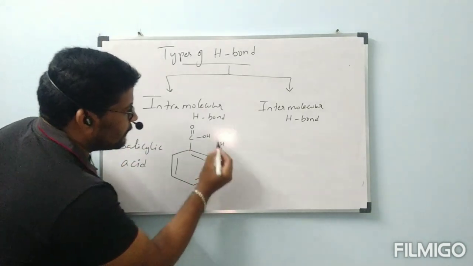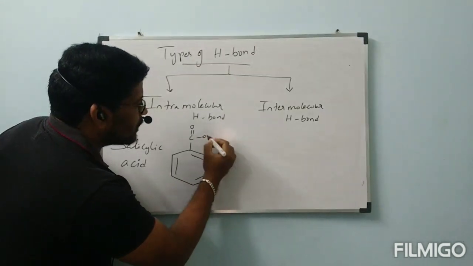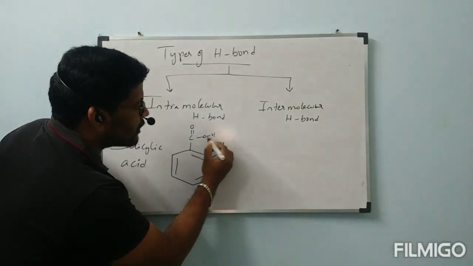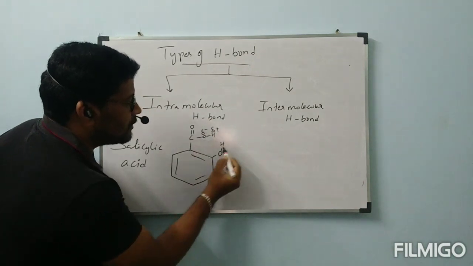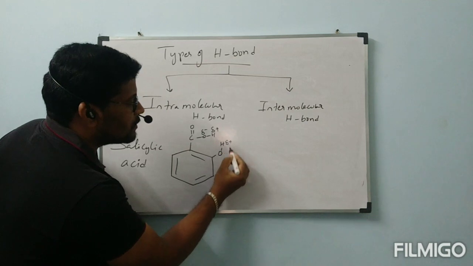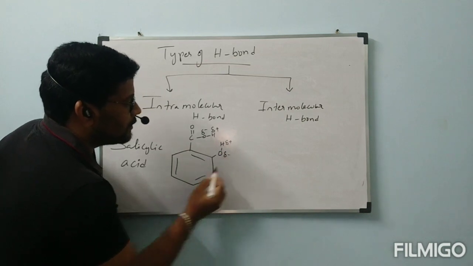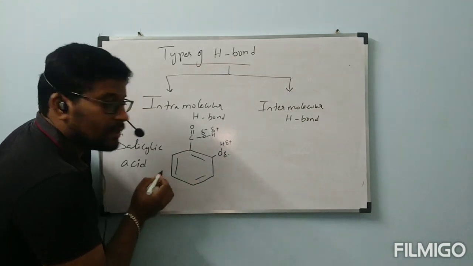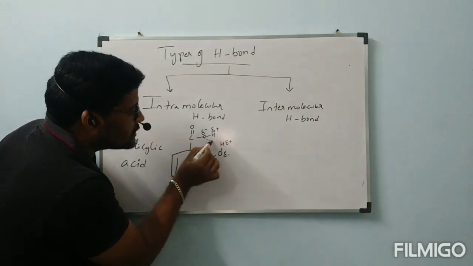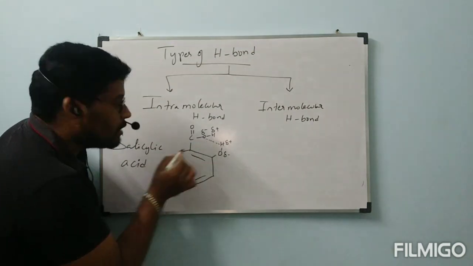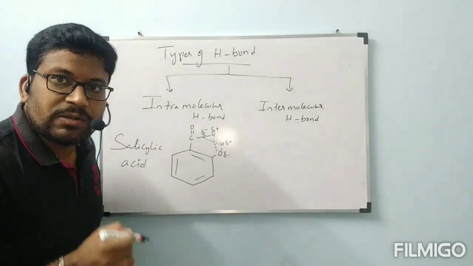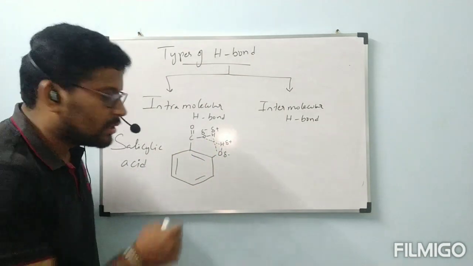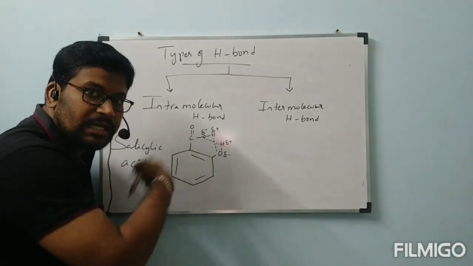Now, this hydrogen is bonded to oxygen, delta positive; this is delta negative; here also delta positive and this is delta negative. Now this oxygen and this hydrogen, and this hydrogen and this oxygen will form hydrogen bonds, but those hydrogen bonds are present within the molecule.